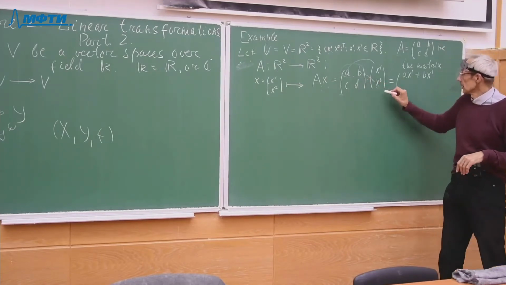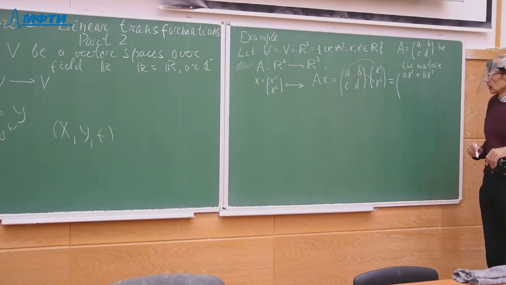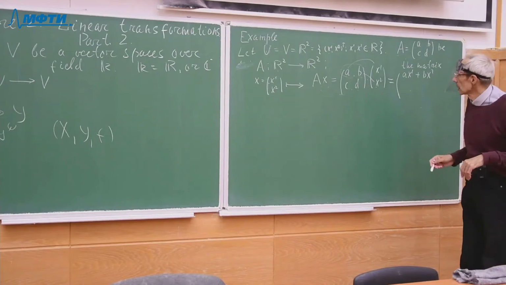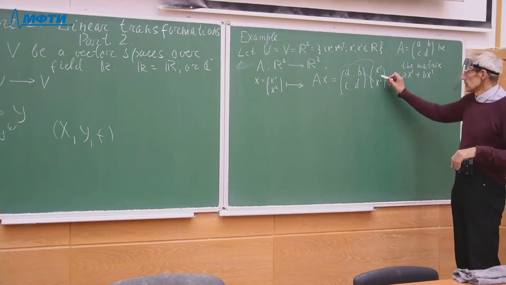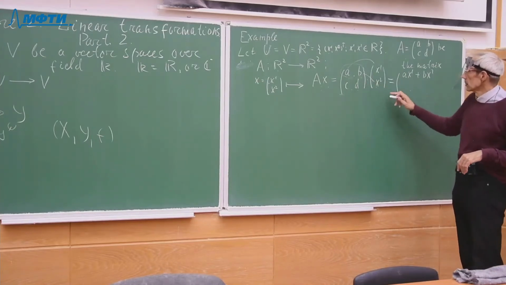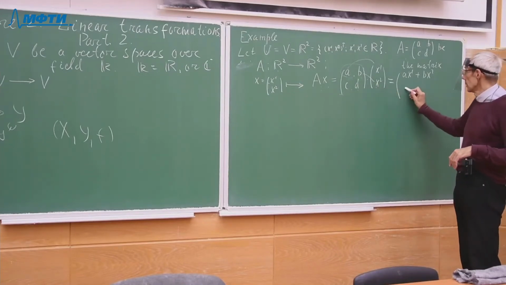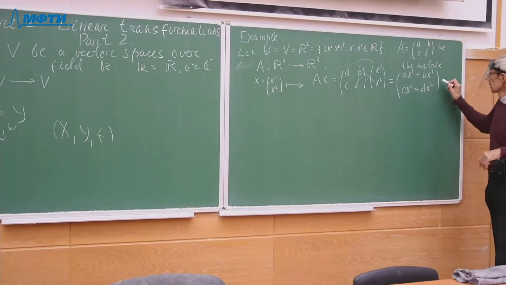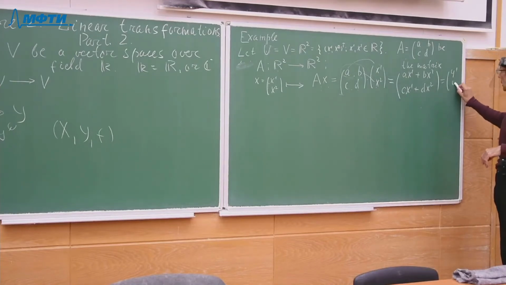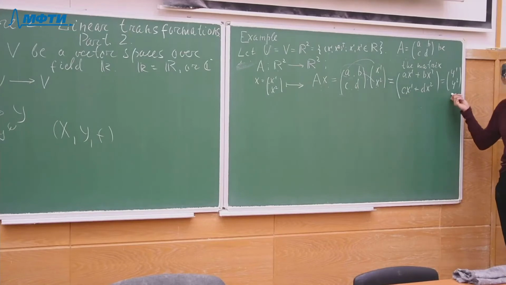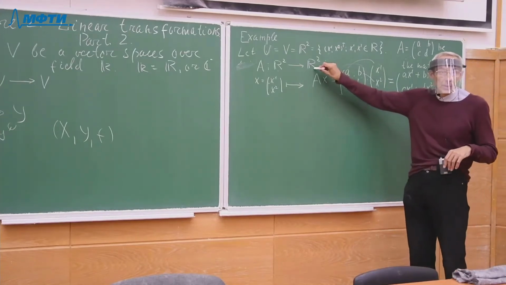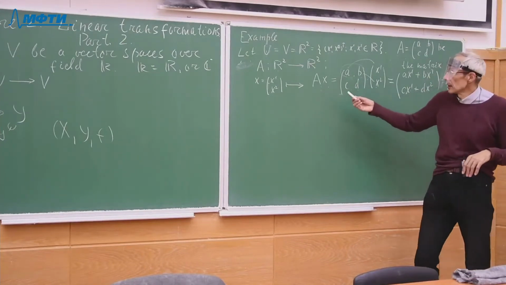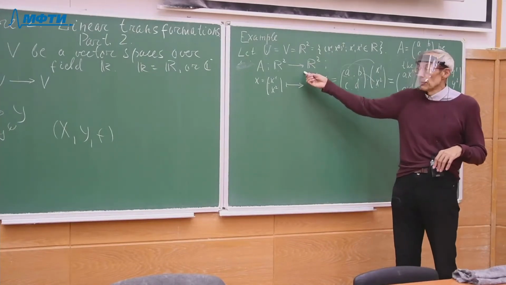The second element of the resulting column is, using this rule, c x1 plus d x2, and I obtain some column vector, an element of this vector space. This is the rule which defines this mapping.